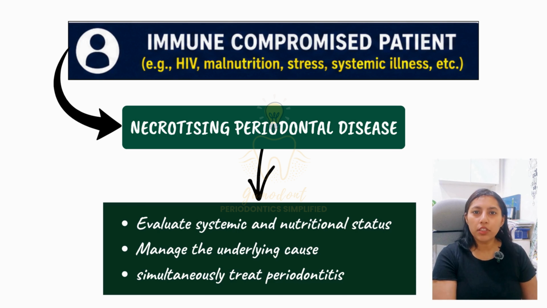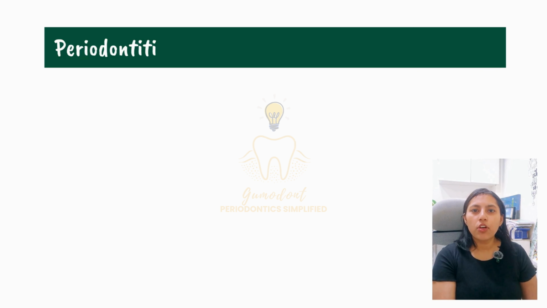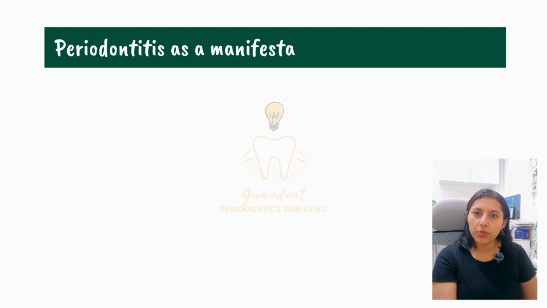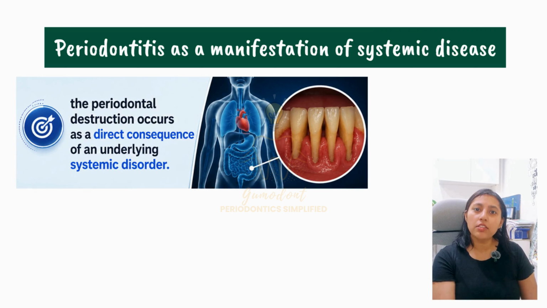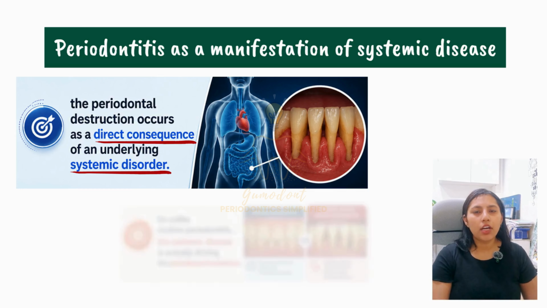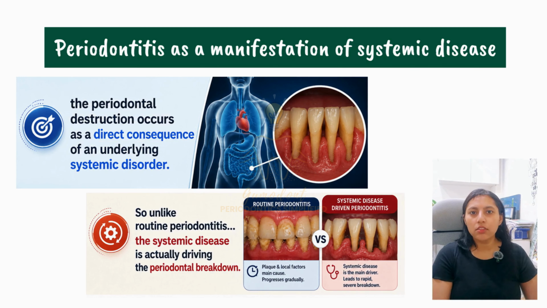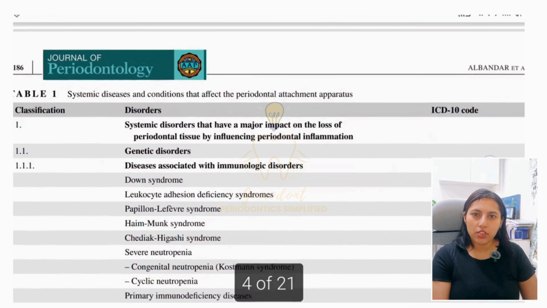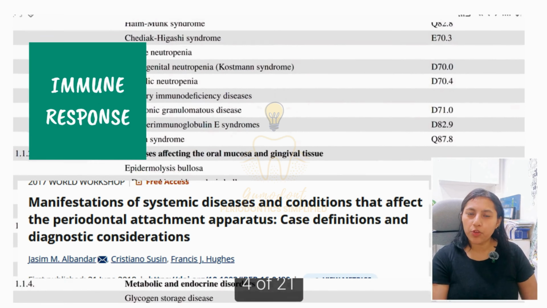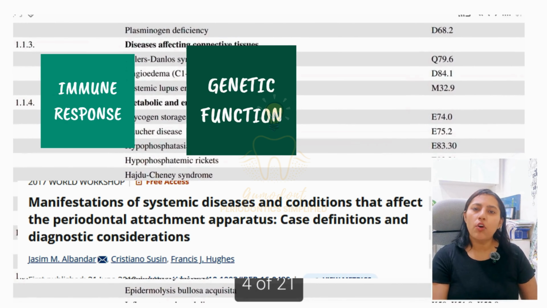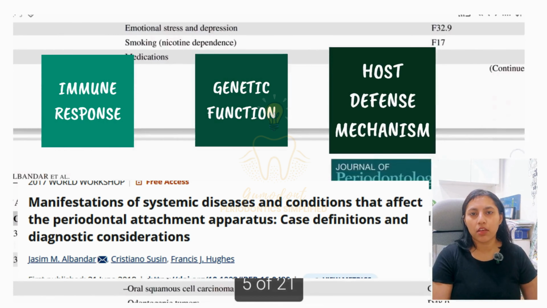Now let us move to the next category. Periodontitis as a manifestation of systemic diseases. Now here, the periodontal destruction occurs as a direct consequence of an underlying systemic disorder. So unlike routine periodontitis, the systemic disease is actually driving the periodontal breakdown. These are usually uncommon conditions, often associated with disorders affecting immune response, genetic function, or host defense mechanisms.